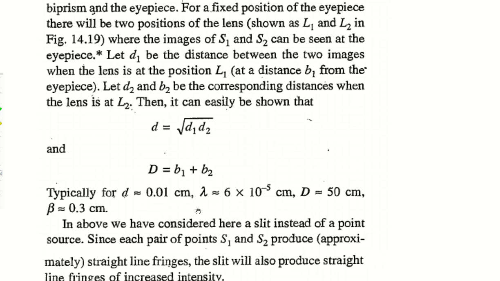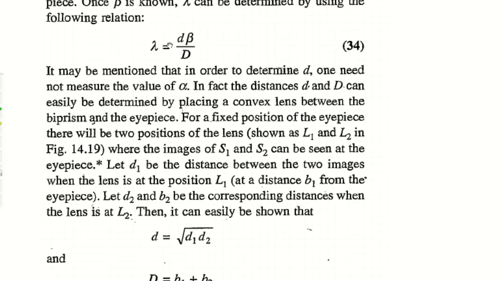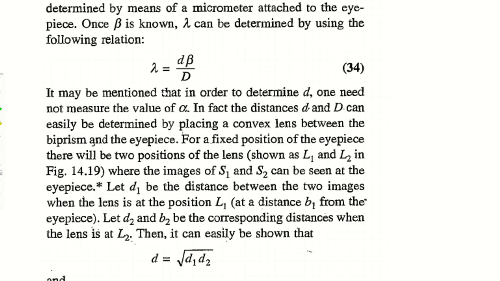So, a typical example: you can find beta, because beta, the fringe width, consists of both small d and capital D. So you have to measure these very accurately, and beta can also be measured by this method. If lambda is unknown to you, once beta is known, lambda can be determined.